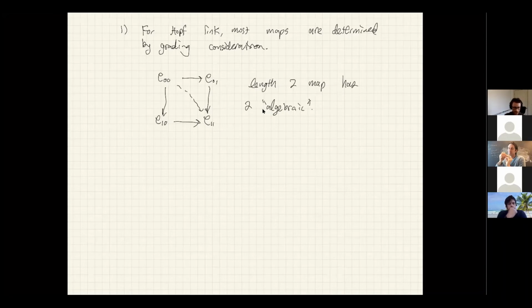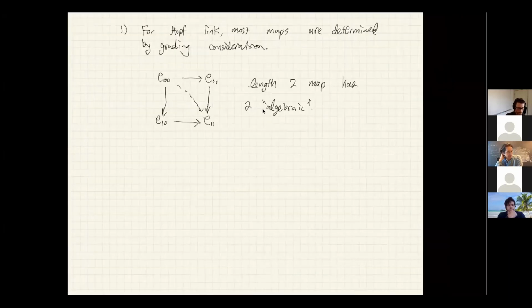And so it's much easier to work algebraically and look at the constraints of the various maps in terms of gradings and filtrations. It turns out there are basically two models for the Hopf link algebraically, and one needs some other argument for which one is valid.